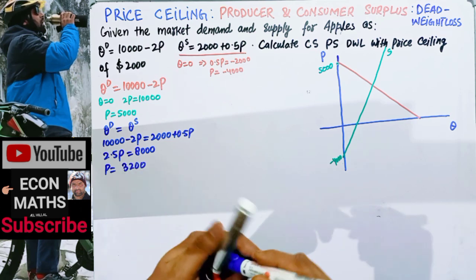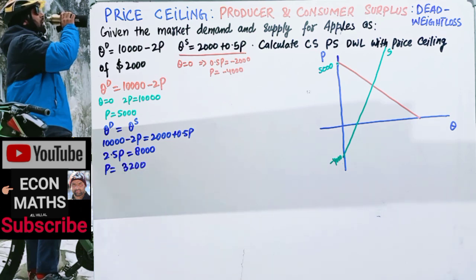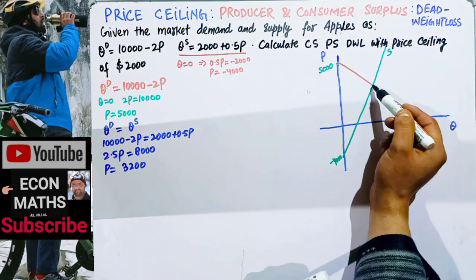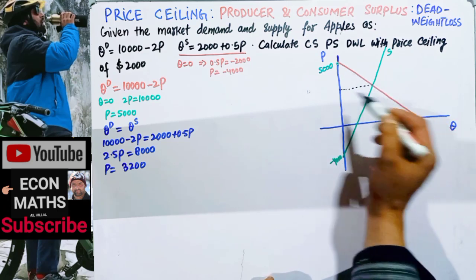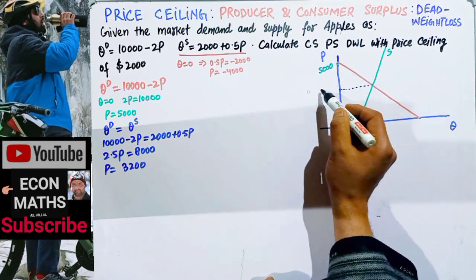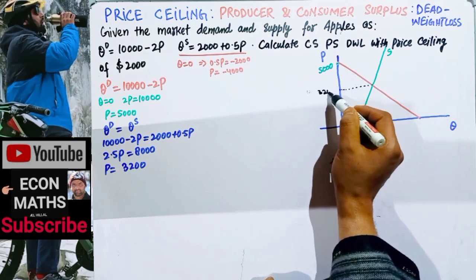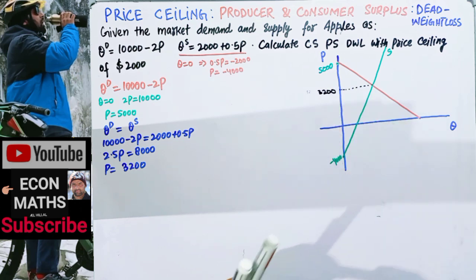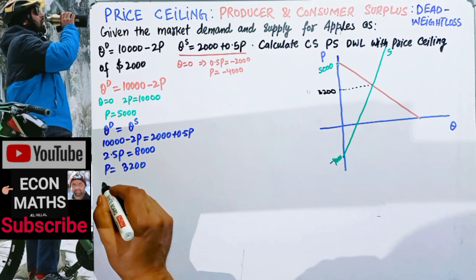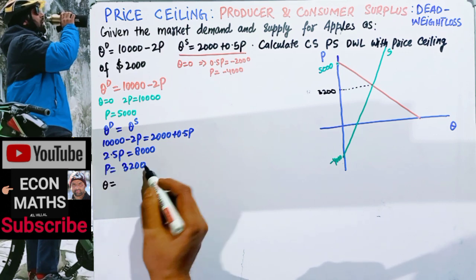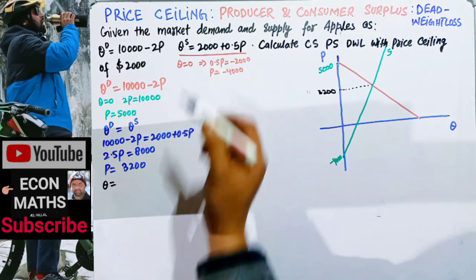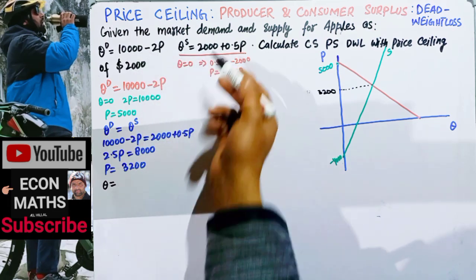Okay, so our equilibrium is where we have the intersection of demand and supply functions. Our equilibrium price is 3200. And corresponding to this, what is the quantity? To find the quantity, plug this value of p equal to 3200 either in the demand or supply function. Let us put it in the supply function.